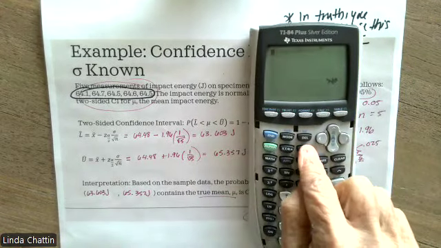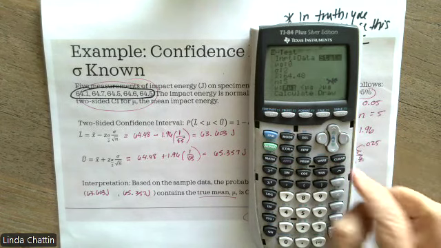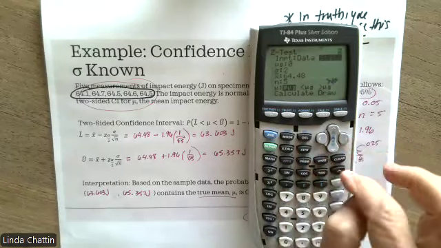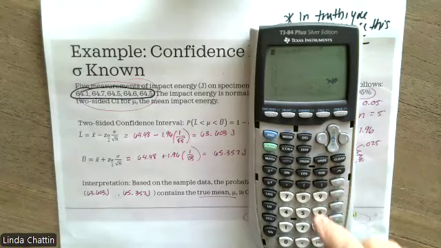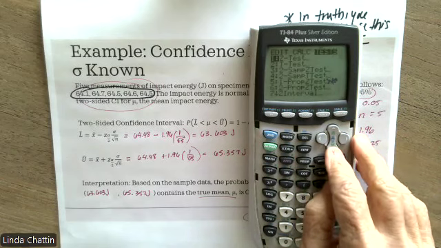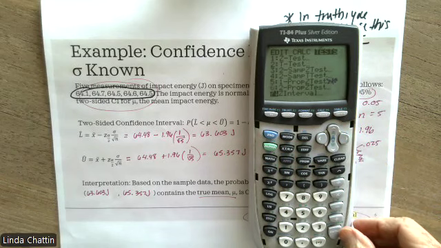All right. So we go stat, and then tests, and then z interval. Oh, I had z test. That was my fault. Stat, tests, and then we go down to z interval right there.